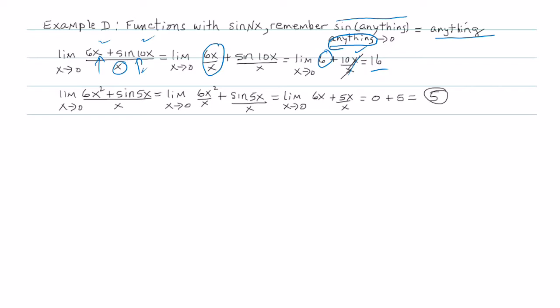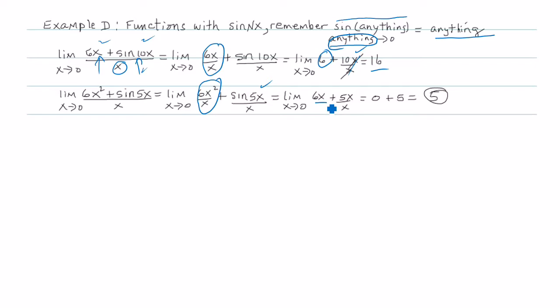Another example, the limit of 6x squared plus sine of 5x over x as x approaches 0. Again, divide x into each term in the numerator, and you get 6x squared over x plus sine of 5x over x.